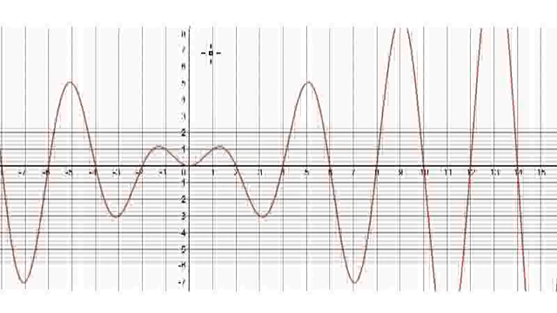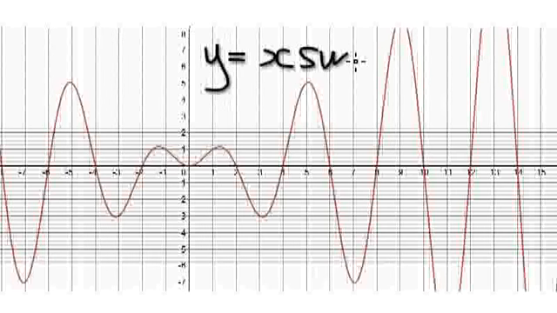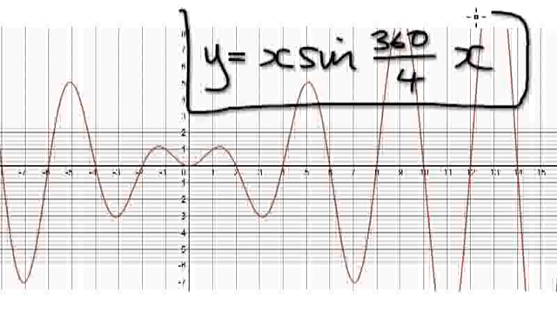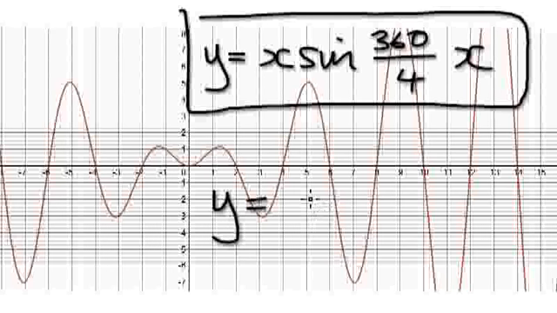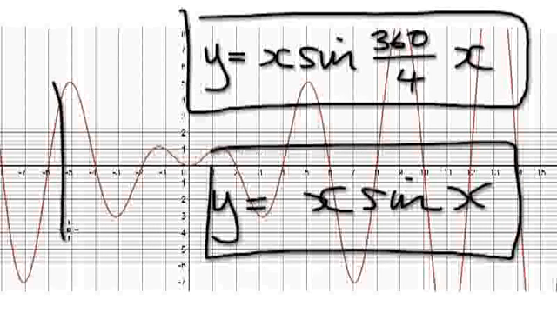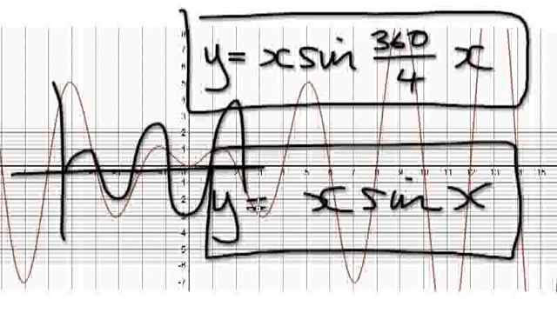So to create this graph here, you would plot this y equals x sine 360 over 4x here. Or if you don't care about the period, then you can just simply do this: y equals x sine of x here. So this here will give you a graph where the amplitude increases.